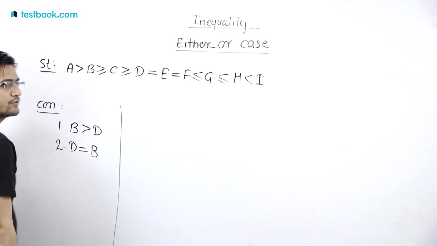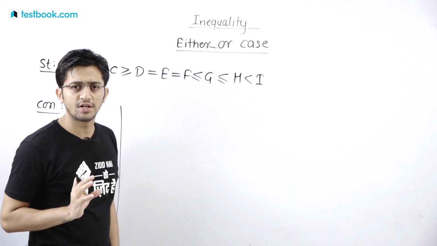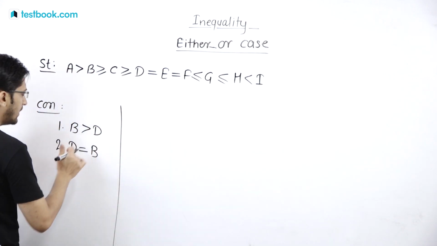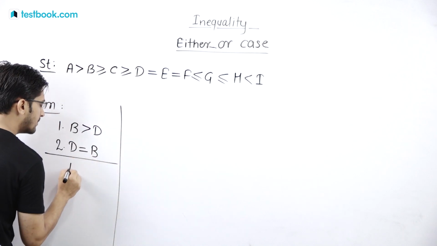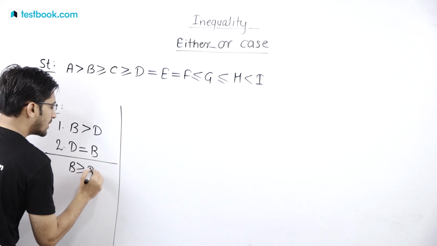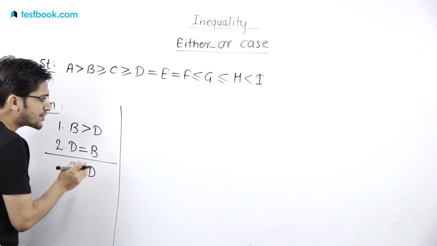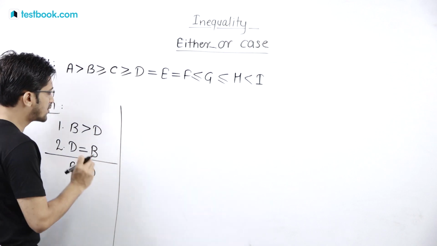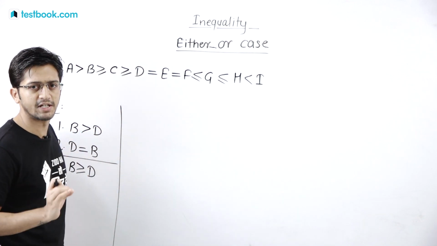Now we have to check the validity of these 2 conclusions. The procedure remains the same. First of all, we will determine the relation between B and D. From this statement, we come to know that B is greater than or equal to D. Now the relation that we have got does not match with the relation given in the conclusion. What does it mean?